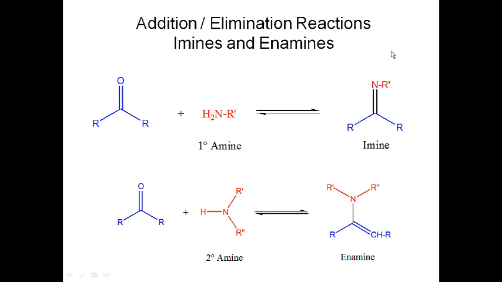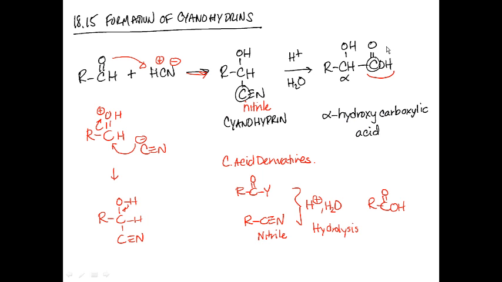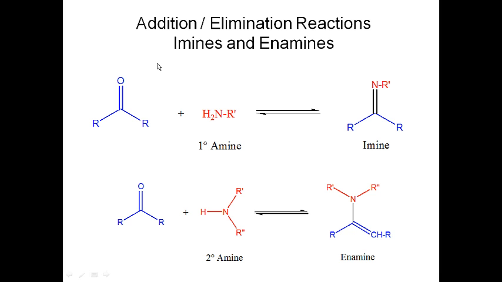Now, in each of the reactions, to go back here for a moment, when we added alcohol or water to an aldehyde or a ketone, we had to add acid because we were using a neutral nucleophile. Well, we can also do addition reactions with amines, with what's called a primary amine or a secondary amine.